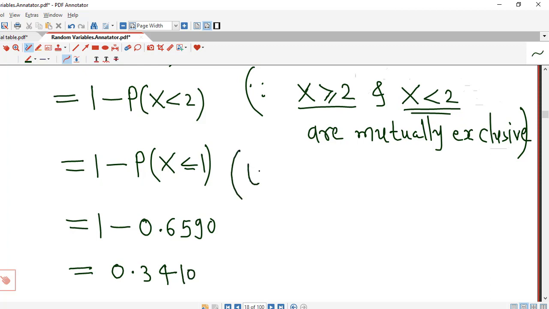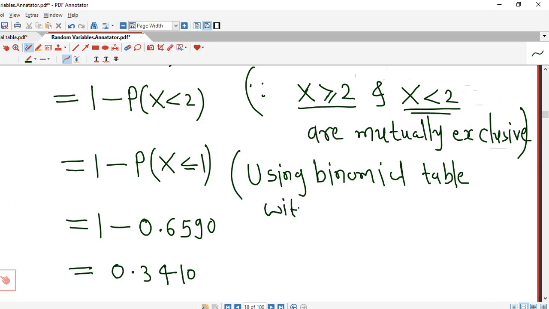So this probability we have calculated using the binomial table with n equal to 12, x equal to 1 and p equal to 0.1. So this we have obtained.